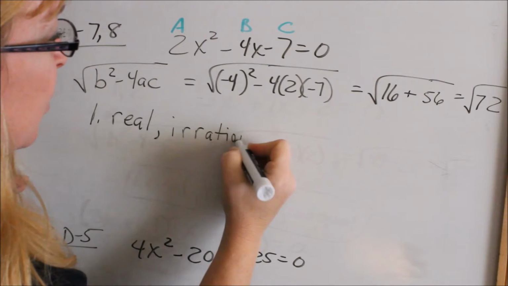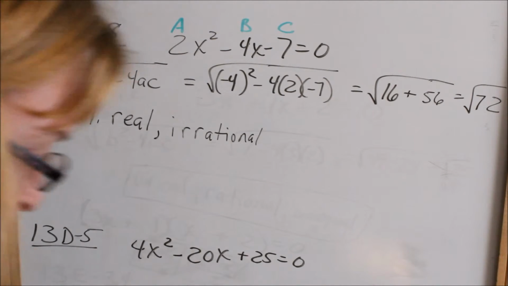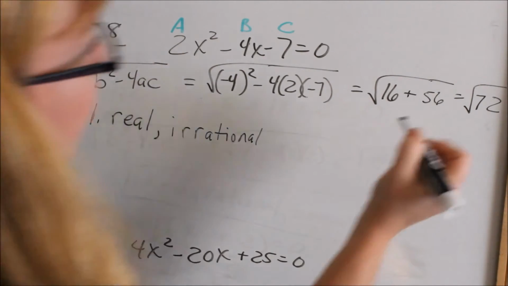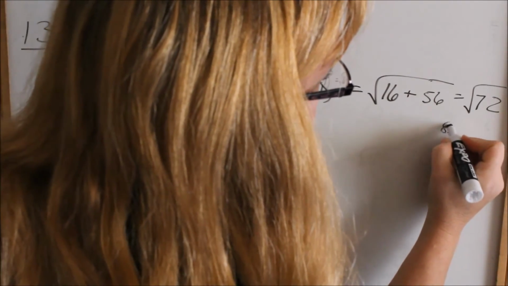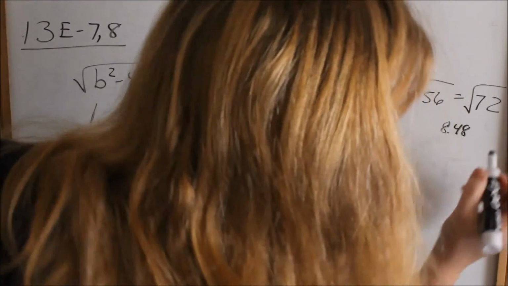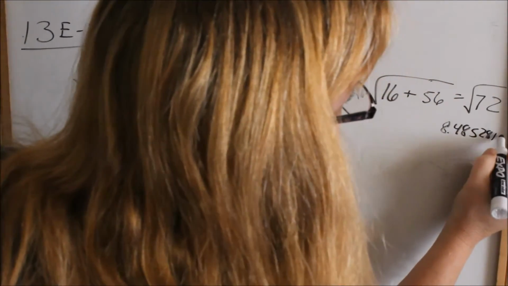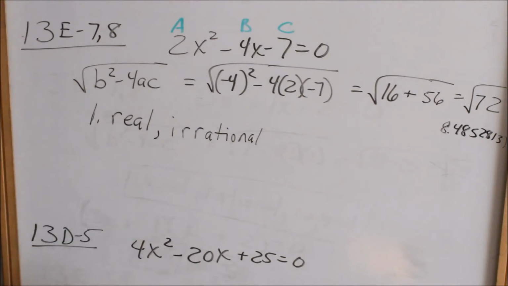Because you can go do the square root of 72 in your calculator. Matter of fact, let me do that. The square root of 72 is 8.48528137 and so on.